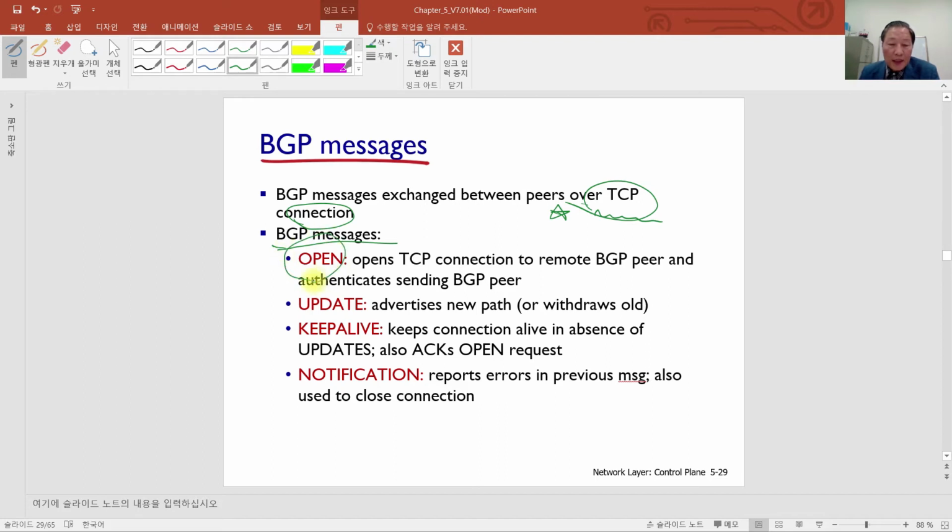Open message is for opening a TCP connection to a remote BGP peer and authenticating the sending BGP peer.